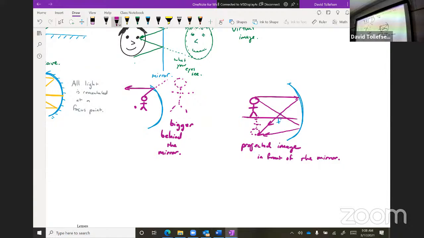So usually when you're looking at the mirror from far away, that's why things look kind of upside down on this mirror, because you're seeing the projected light coming at you.